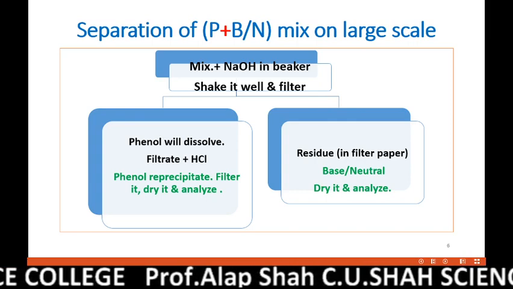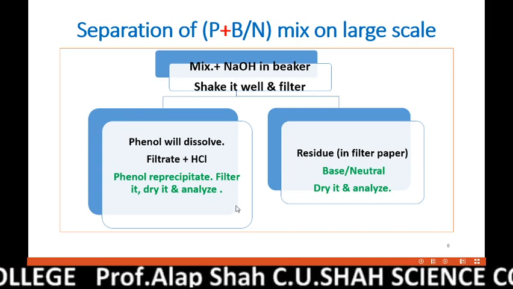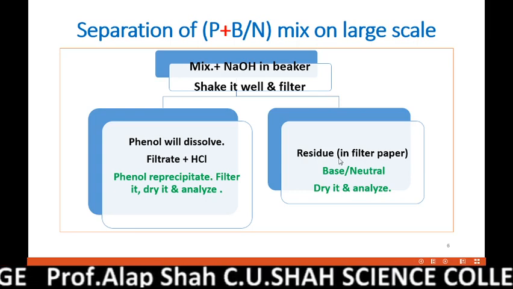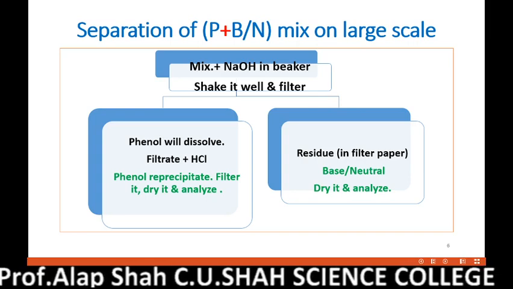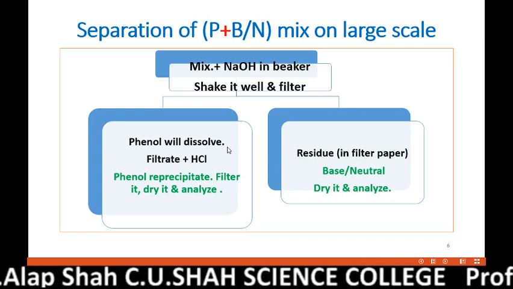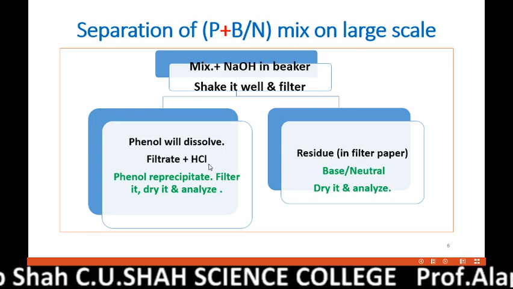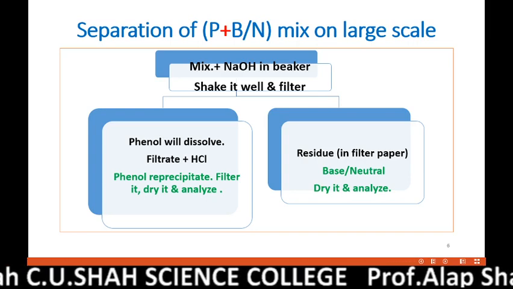The ones which do not dissolve, base and neutral, will be set free as the residue. Just dry them on the filter paper and analyze them. Phenol will be in the NaOH, so add HCl into that filtrate with constant stirring, and phenol will be reprecipitated.